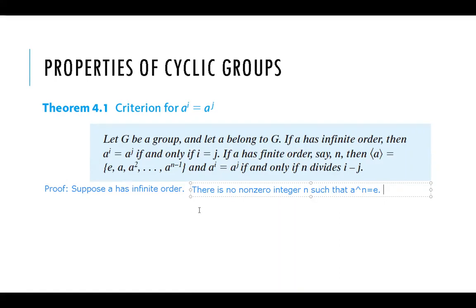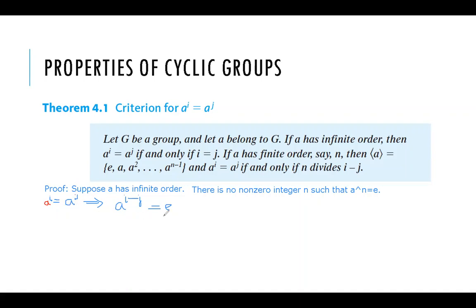So if I take A^i equal to A^j, this implies A raised to power i minus j equals E. What I have done is multiplied on both sides by the inverse of A power j.